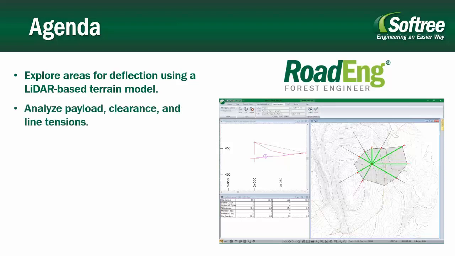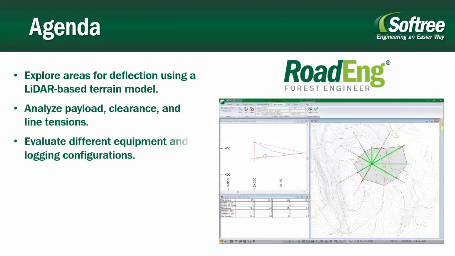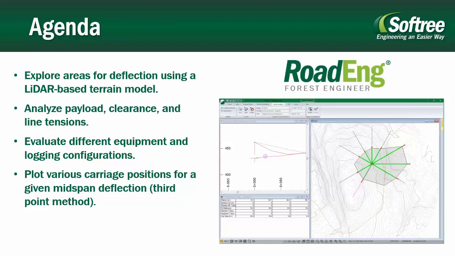We're going to be analyzing payload, clearance, and line tensions, evaluating different equipment and logging configurations, and plotting our carriage positions given midspan deflection. And then finally, it wasn't included in our little blaster, but we are also going to show you how to create a quick output sheet showing some of our cable details. And with that, I am going to pass it over to Dave.